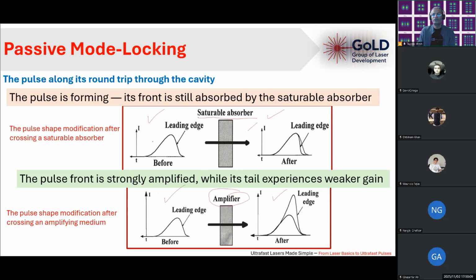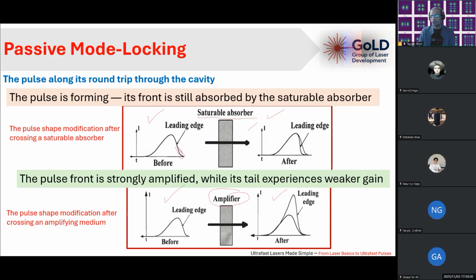So what is going on here is that this is your initial pulse before it passes through a saturable absorber. After it passes through a saturable absorber, low intensity is blocked. This leading edge of the pulse has a low intensity here.